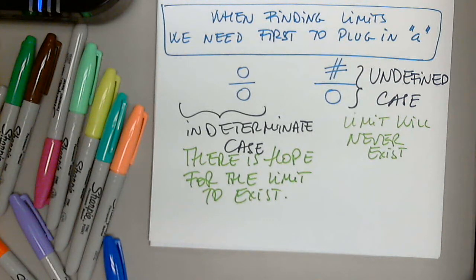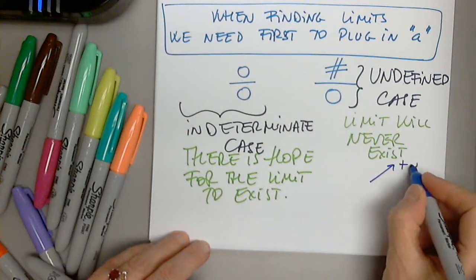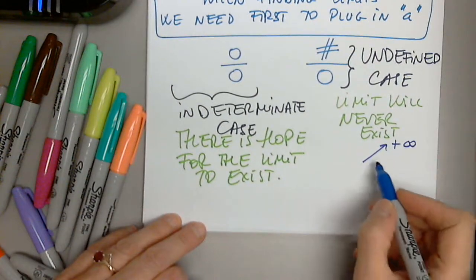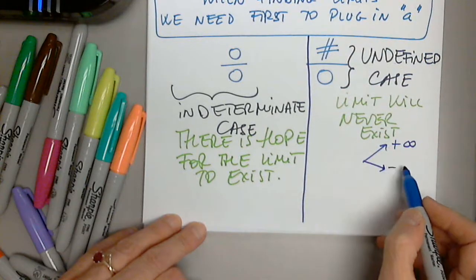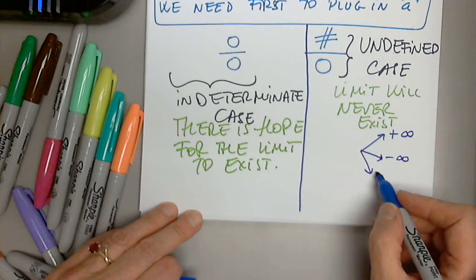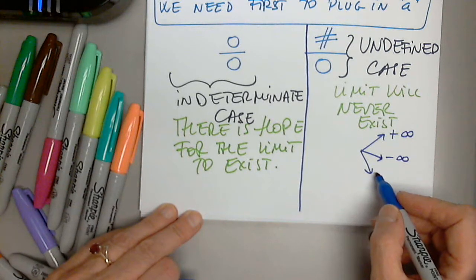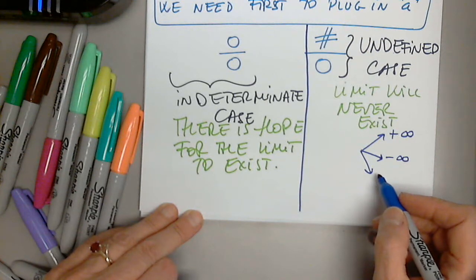Your guess is as good as mine. But this one has only 3 options forever. One option is positive infinity. The second option is negative infinity. And we know the third possibility. The limit when x approaches 0 of 1 over x.